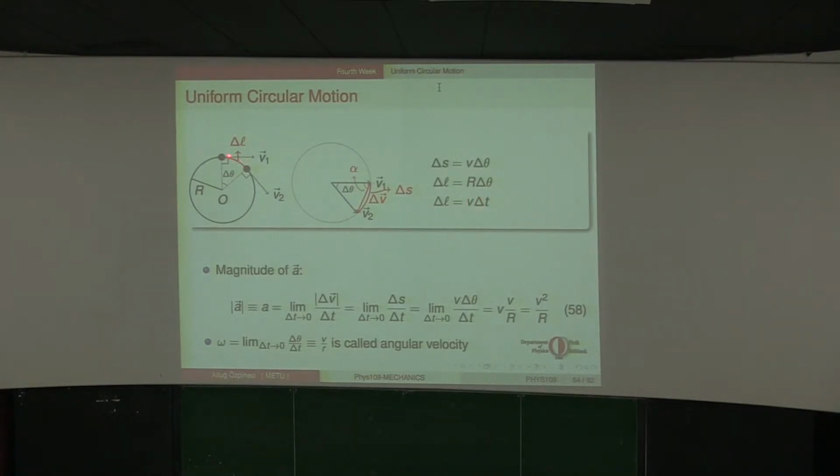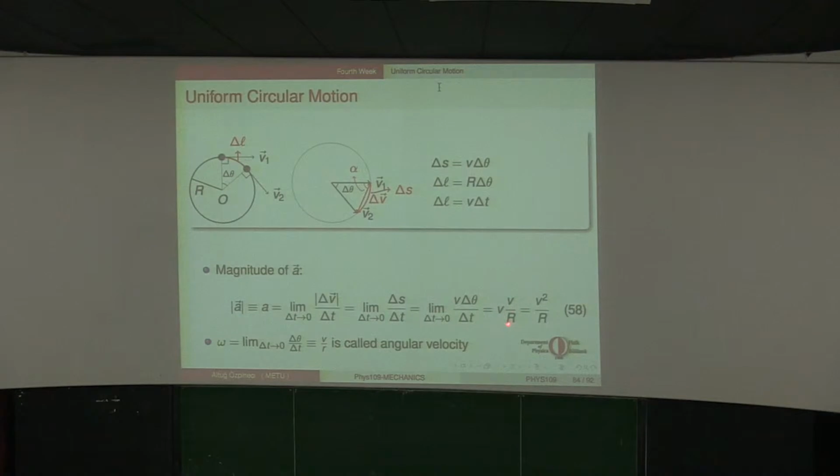So it should also be equal to this same delta L. If you compare these two expressions, r times delta theta has to be equal to v times delta t. And you end up having delta theta over delta t. This ratio is nothing but v over r.